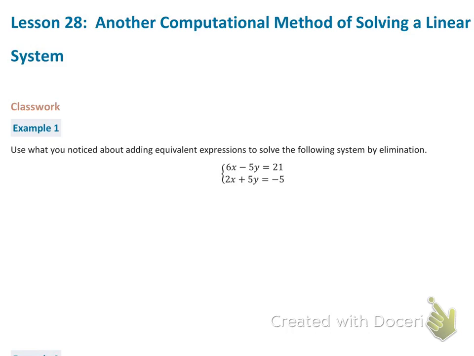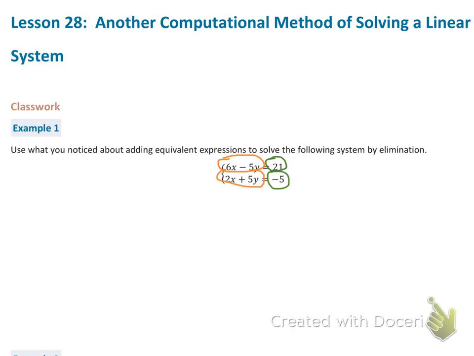Well, we noticed that we can add the left-hand sides together, and that it's equal to the sum of the right-hand sides of equations, because these are equations, they're balanced. The left-hand side is equivalent to the right-hand side. So let's do that.